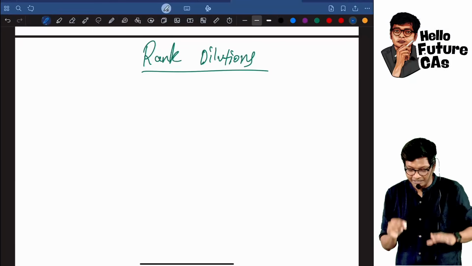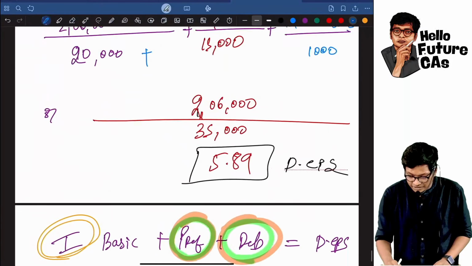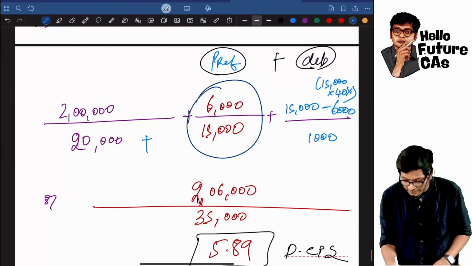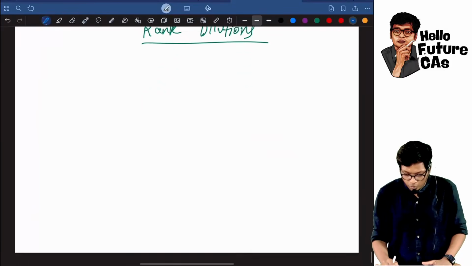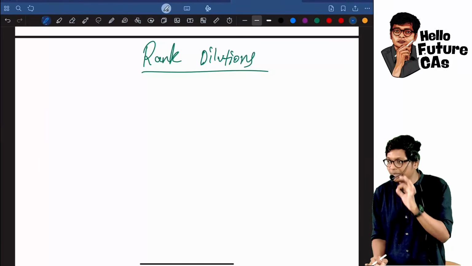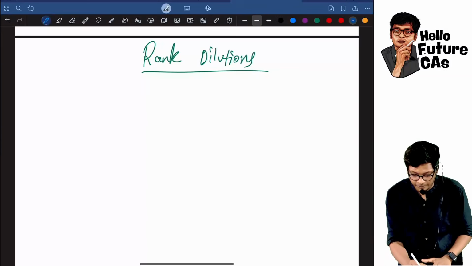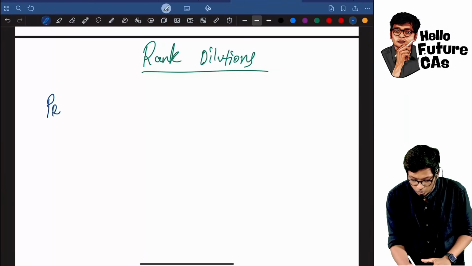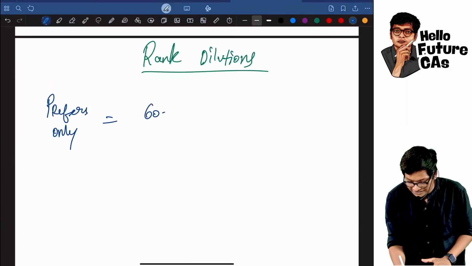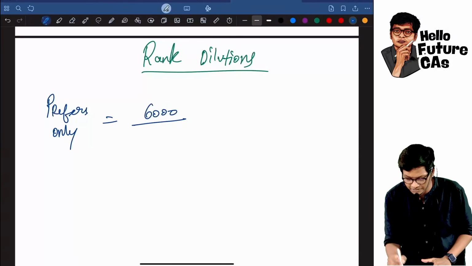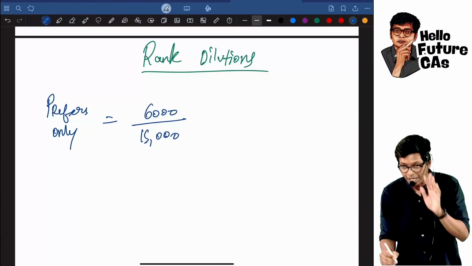What is ranking? Preference shares we computed 6,000 by 15,000. What you should do in exam, if multiple dilutions come, this is the first step. First you should do preference only, which is 6,000 divided by how much, guys? 15,000. I hope you're all following, guys.